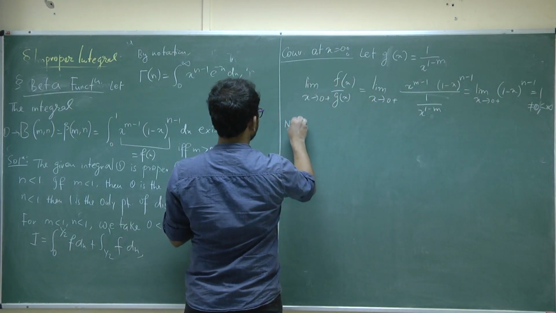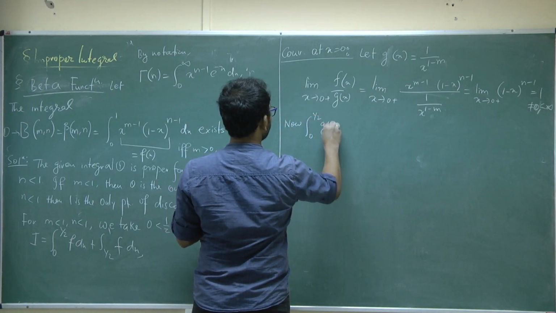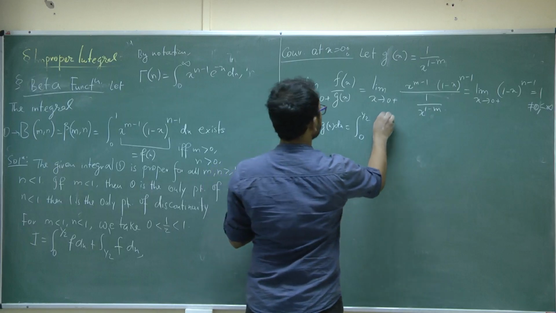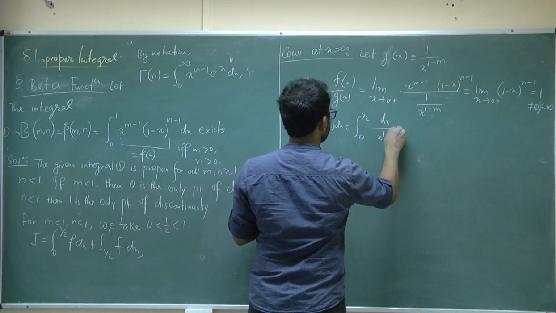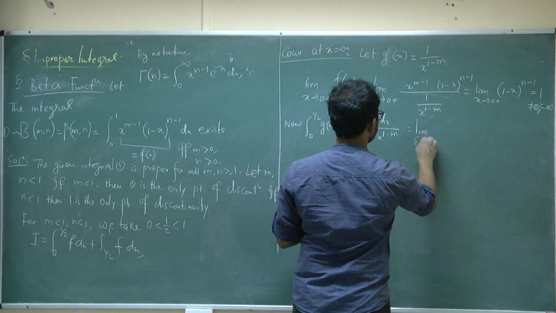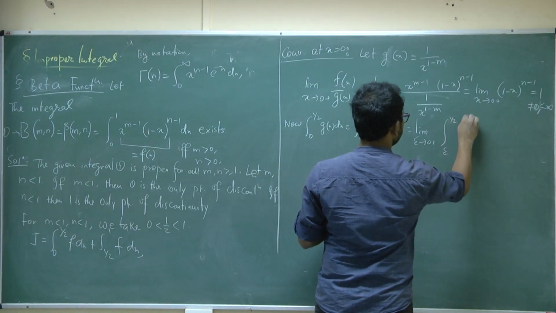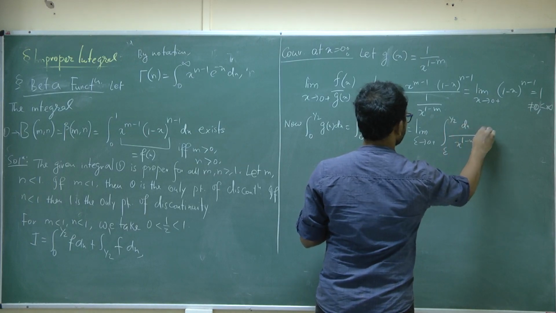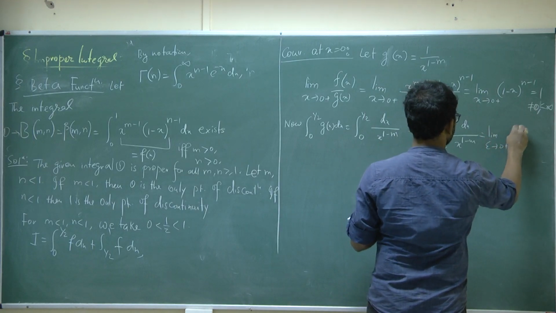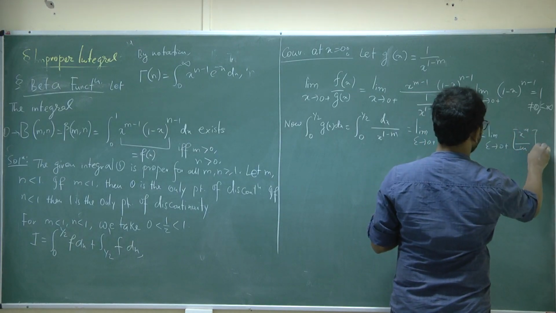Now, integral from 0 to half g(x) dx. So, this is integral from 0 to half of dx by x to the power 1 minus m. So, again its point of discontinuity is 0. So, we can write limit epsilon going towards 0 positive, integral from epsilon to half dx by x to the power 1 minus m. So, this will become limit epsilon tending towards 0 positive x to the power m divided by m, from epsilon to half.